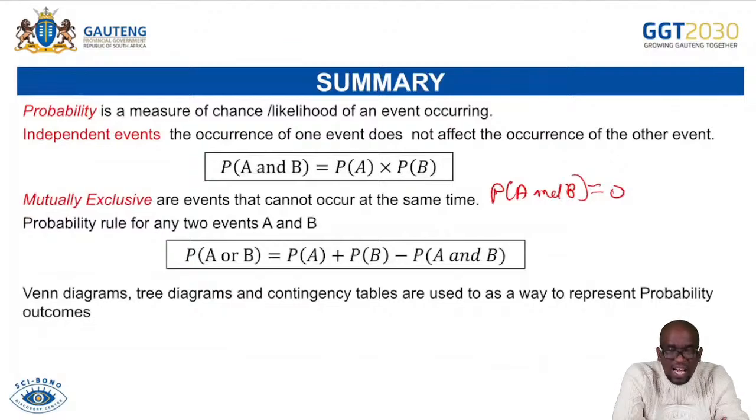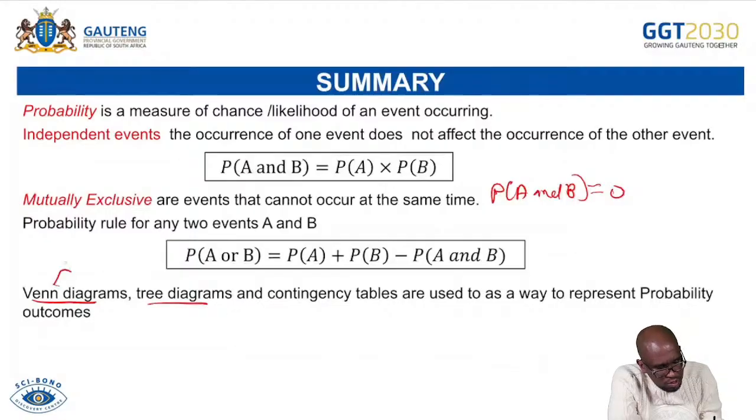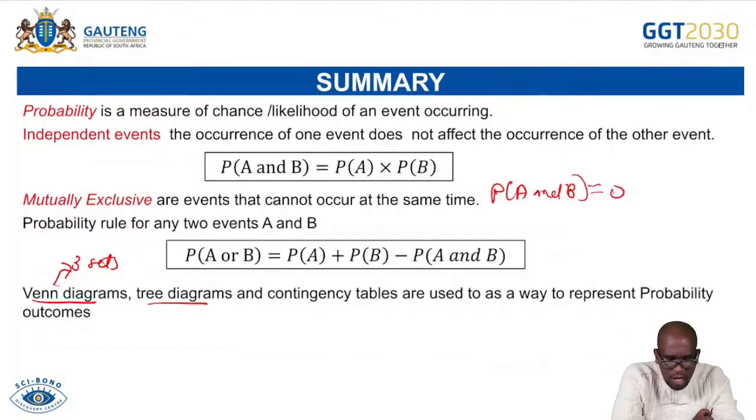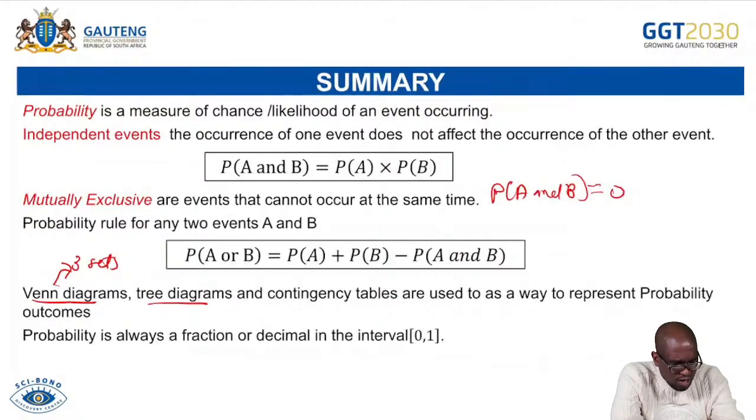Venn diagrams, tree diagrams, and contingency tables are the tools that we use. We use Venn diagrams with 3 sets. That is what we are interested in at grade 11. We use tree diagrams and contingency tables as a way of representing probability of specific outcomes.